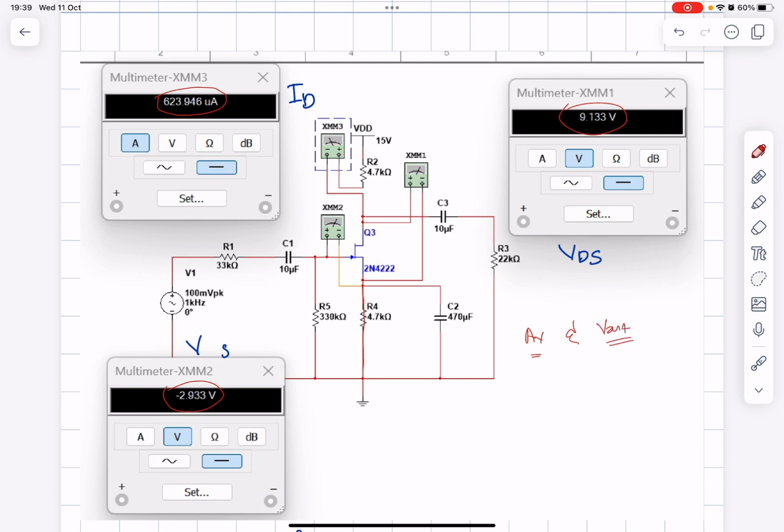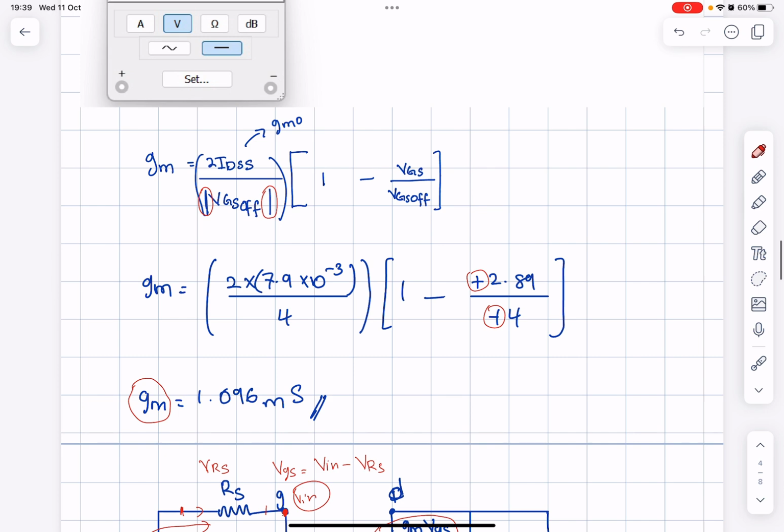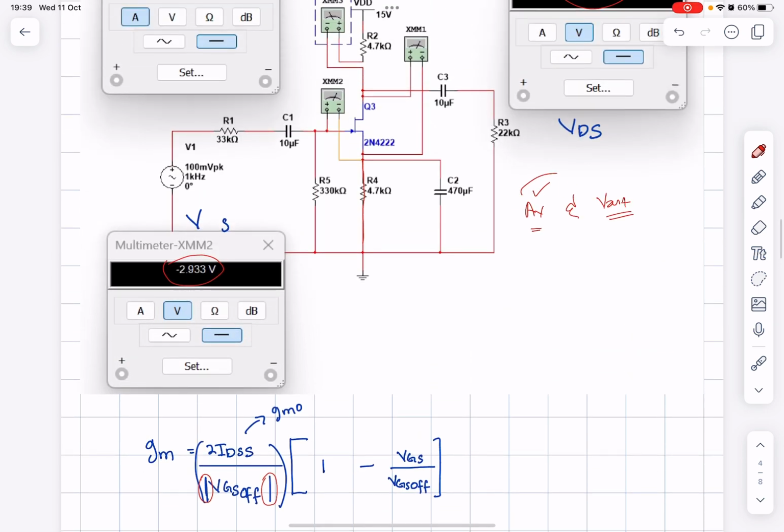So it depends on the question. If the question asks you to calculate the voltage gain, then you need to calculate the voltage gain of the circuit.